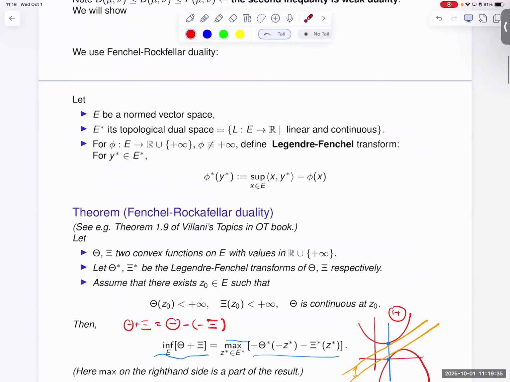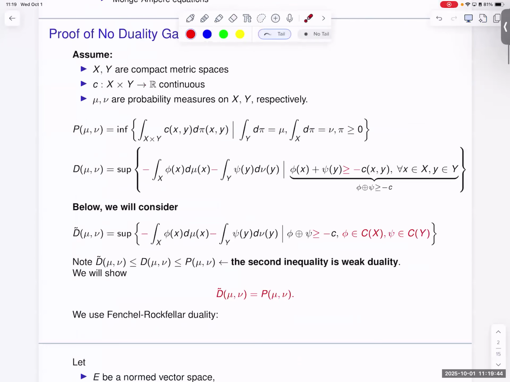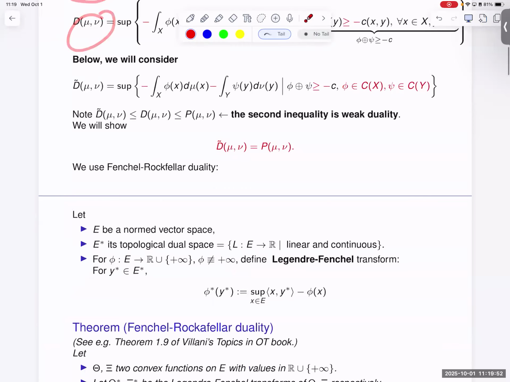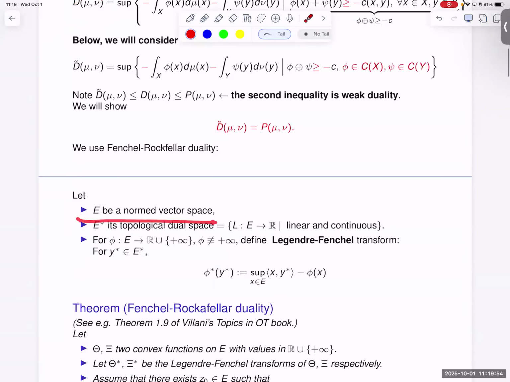So do you understand my question? Or you want to first decide which space, corresponding to this primal problem and dual problem of optimal transport, you want to choose as this space E.